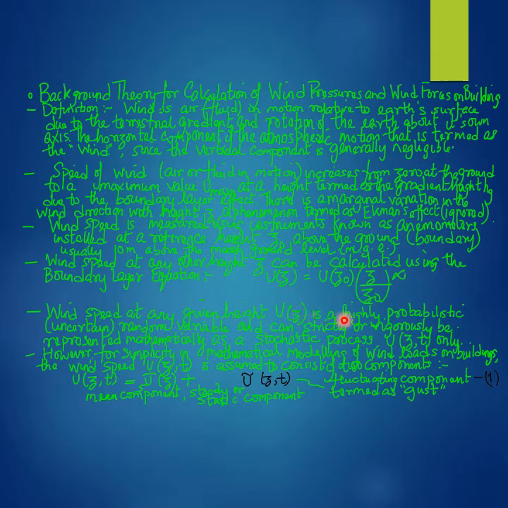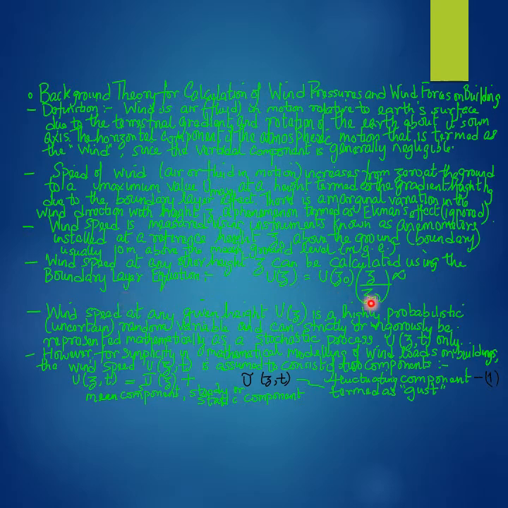Therefore, given the wind speed recorded by the wind speed measuring instruments termed as anemometers that are typically installed at a reference height Z0 above the ground or the boundary, with the reference height Z0 generally adopted as 10 meters as an international standard above the mean ground level, MGL.